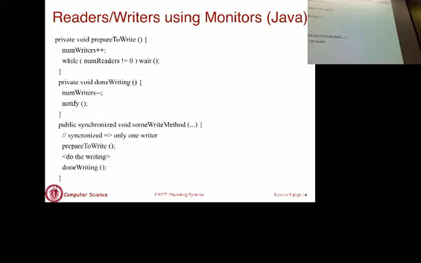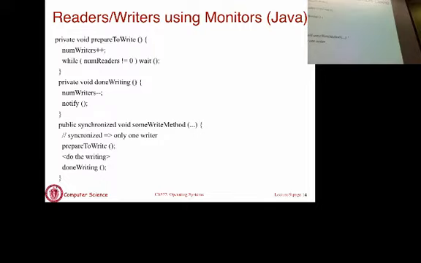Yes? What happens in this code when a writer is done and there are writers and readers waiting? Okay, that's a good point. So we can look at the code and see what is happening. Let's say first two readers are done. This writer is now currently writing, and these are all blocked.